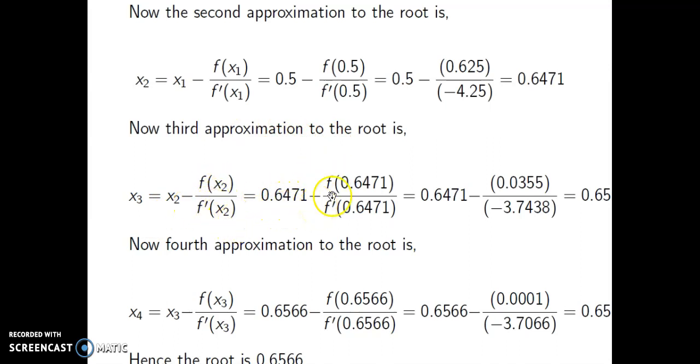So x2 we have 0.6471, we substituted in this and we got x3 equal to 0.6566. Next we find the fourth approximation to the root, x4 equals x3 minus f of x3 upon f dash of x3. So calculating all these values, we have 0.6566. Hence the root is 0.6566.